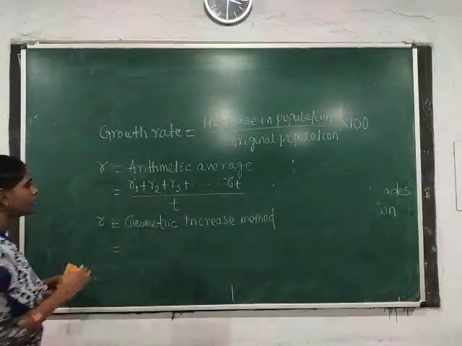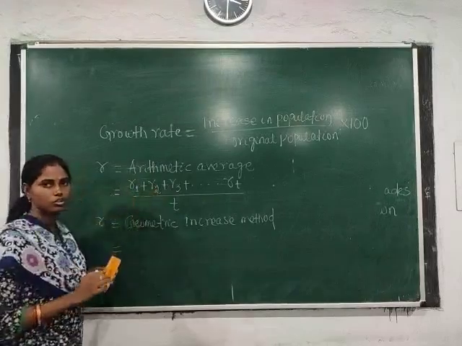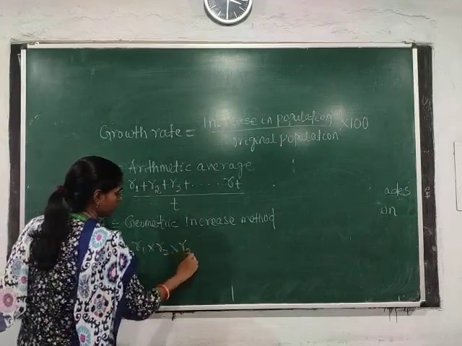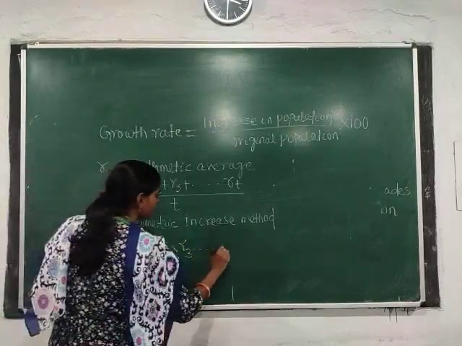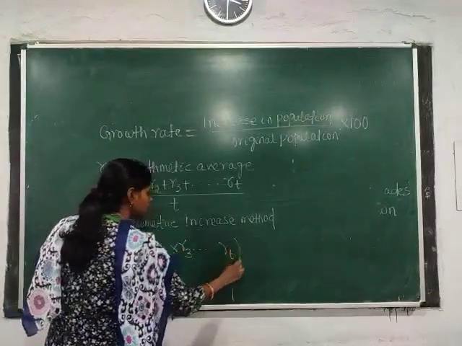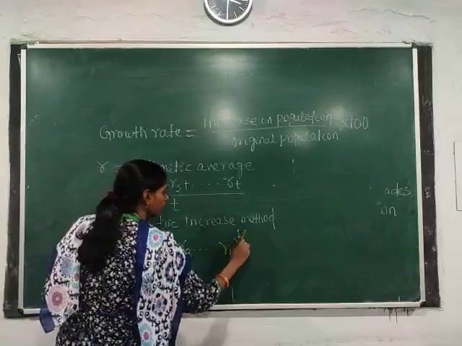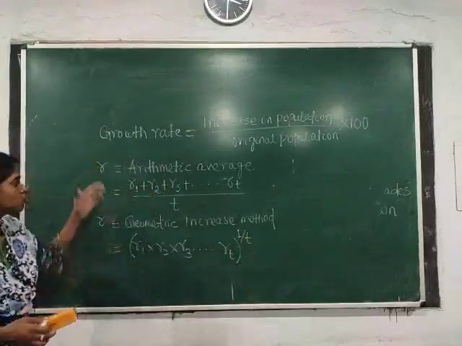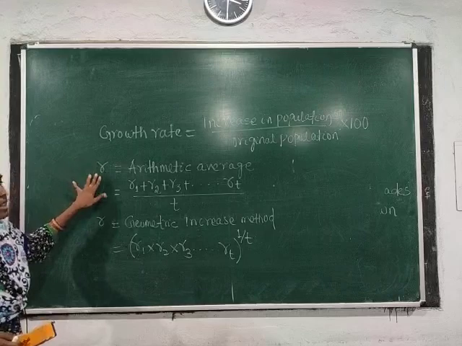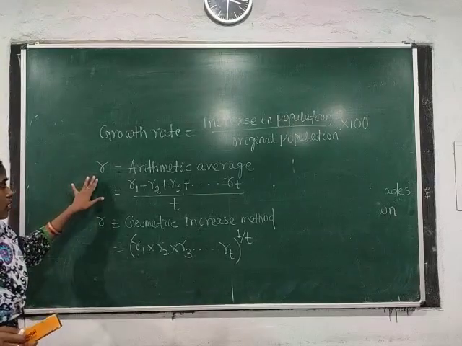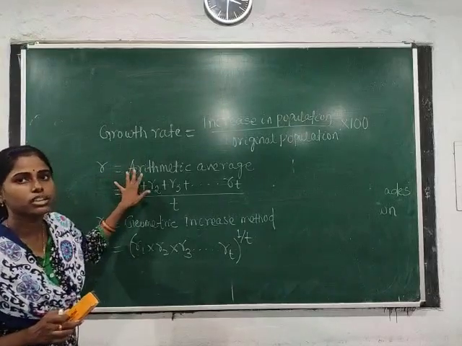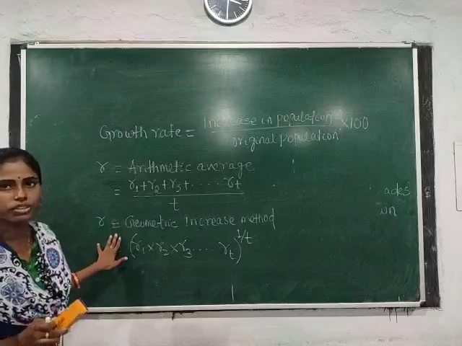By this we will take the individual growth rates and multiply them, R1 into R2 into R3 up to RT, whole to the power 1 by T. In these two manners we can calculate the assumed growth rate R. Generally field engineers use the arithmetic average value, because this will give a somewhat higher result than the geometric method.